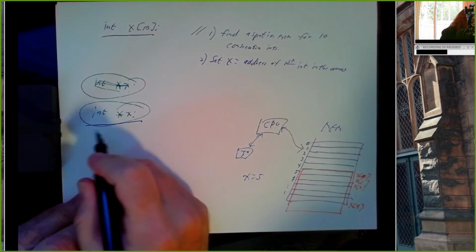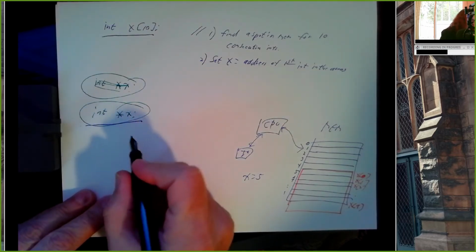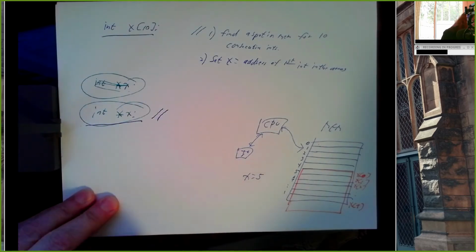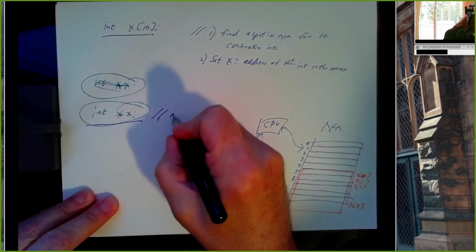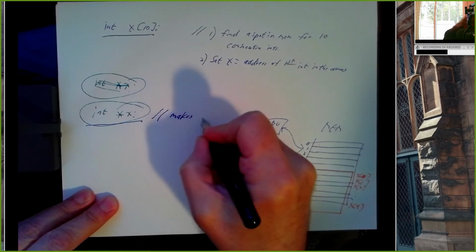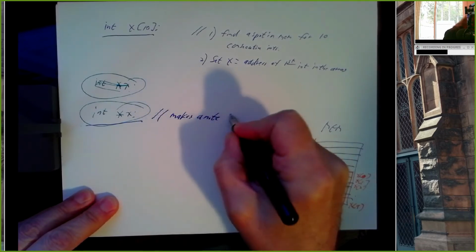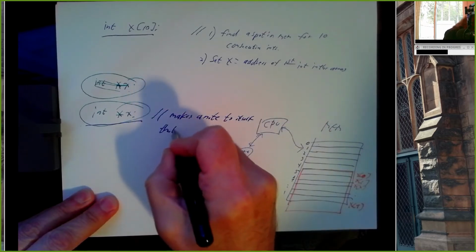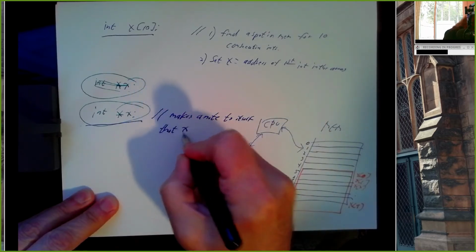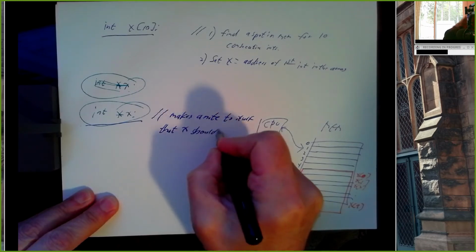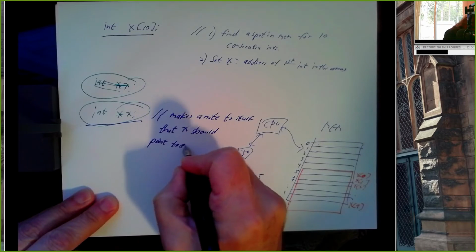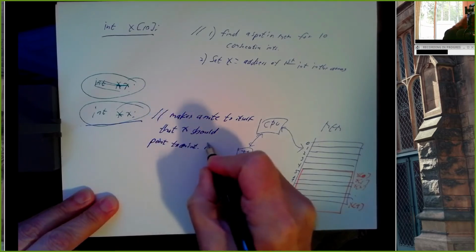But there's a difference. If I say integer star x, what does the compiler do? It only does one thing. It basically makes a note to itself that x should point to an integer in the memory.